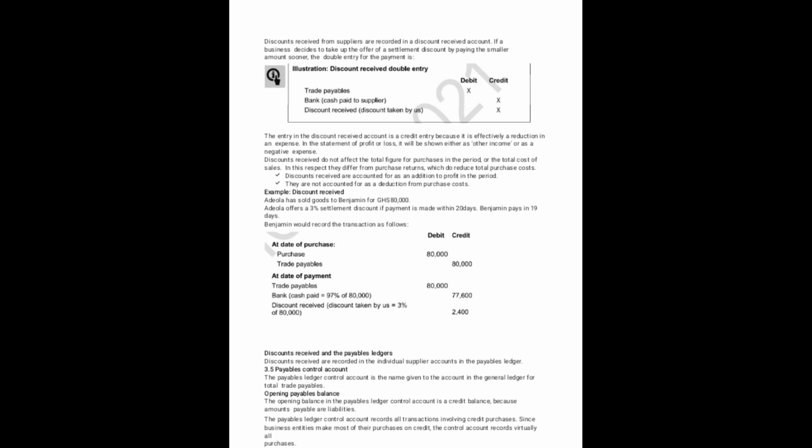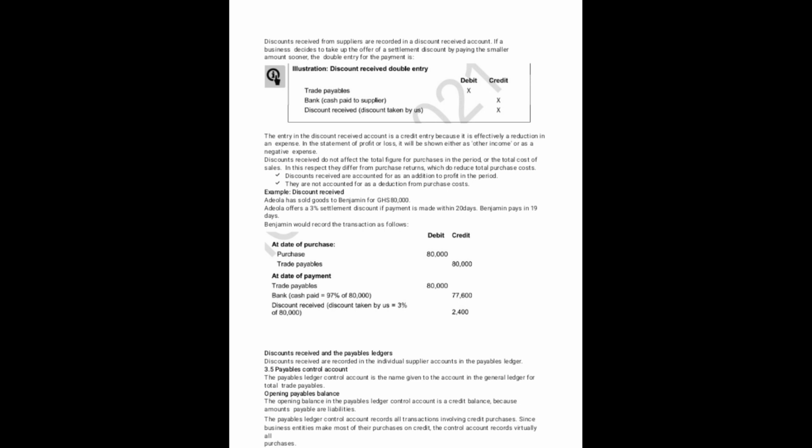Then you credit the discount received account, the discount taken by the business. The entry in the discount received account is a credit entry because it is effectively a reduction in an expense. So that is it. In the statement of profit or loss, it will be shown either as other income or as a negative expense.